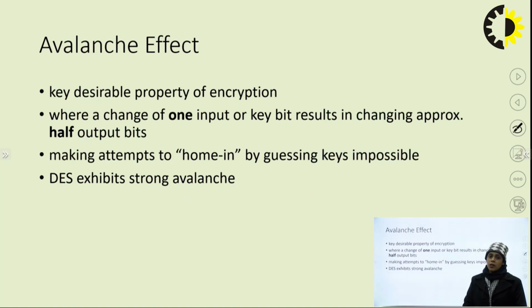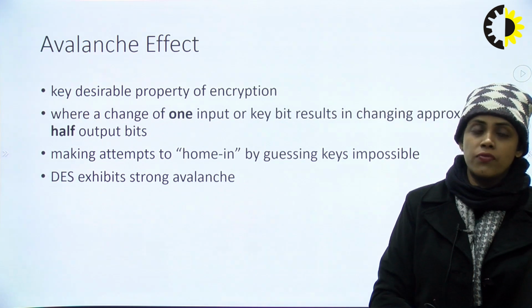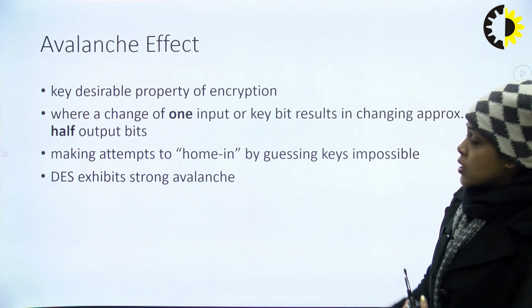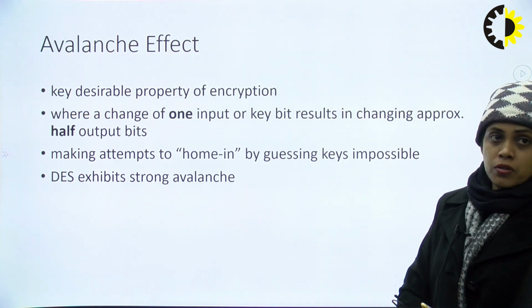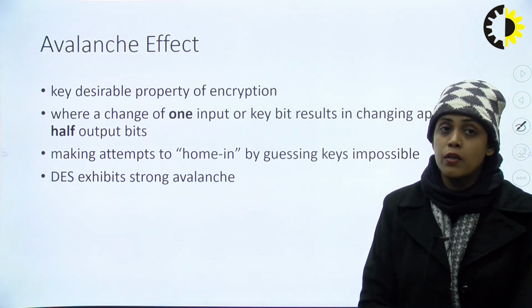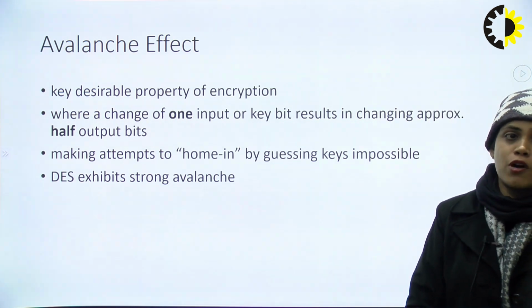So after discussing all this about the DES structure, the Data Encryption Standard, which is dependent on the Feistel cipher, we have the Avalanche Effect, a desirable property of encryption, where a change of 1 input bit or 1 key bit will result in changes to approximately half of the output bits.